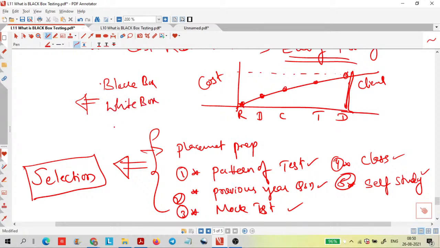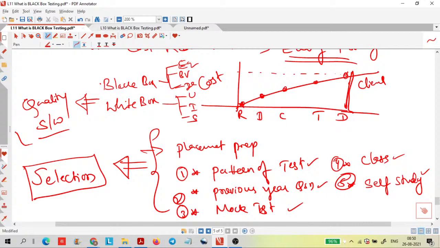In white box again different types: unit, integration. Okay, system testing, integration testing, equivalence class partitioning, boundary value analysis, then decision table, state transition. Likewise, once we go through all the testings, we can expect a working and quality software.